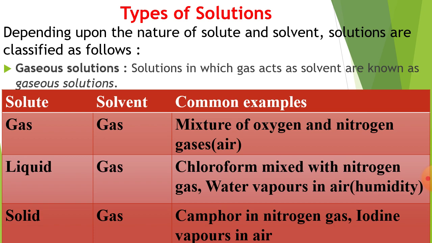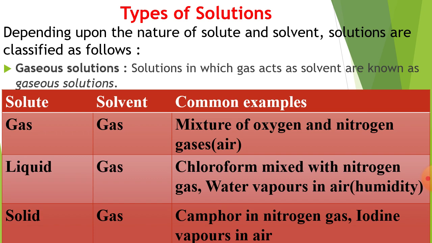So first example, gas solute and gas solvent. The common example is air, a mixture of oxygen and nitrogen. Second, liquid solute and gas solvent, chloroform mixed with nitrogen. Here nitrogen is gas and chloroform is liquid. One more example, water vapor in air, that is known as humidity.